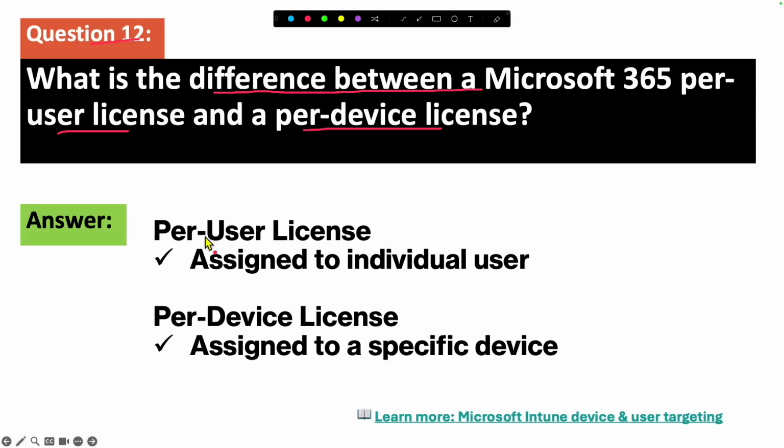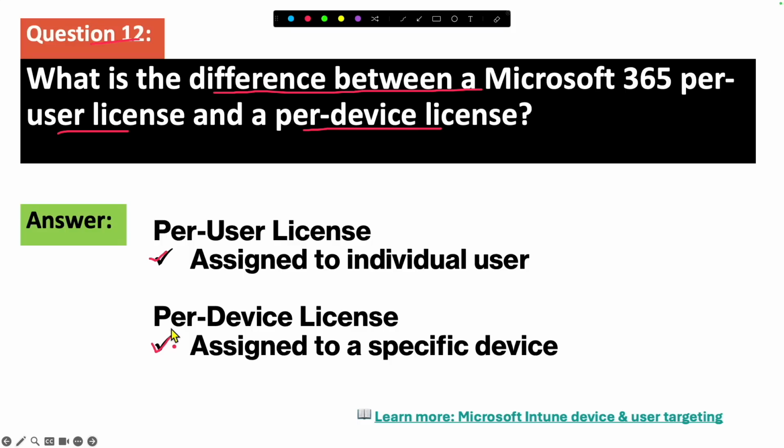So the per user licensing model, first and foremost, is assigned to an individual user. So if you go to the Microsoft admin portal, you have the ability to assign a user license to a user in a per user licensed model. The device licenses are assigned to a device rather than a user.